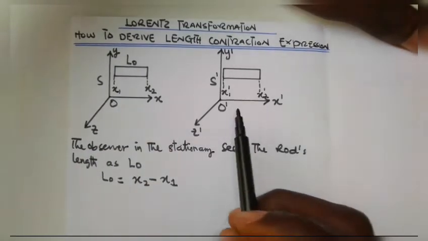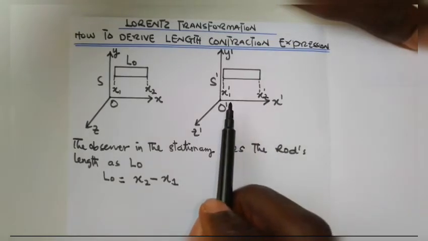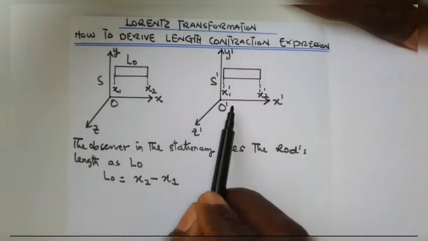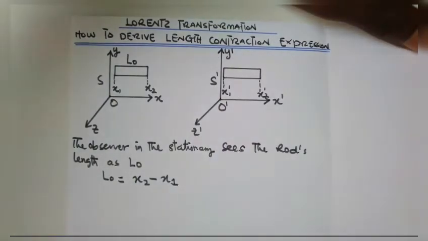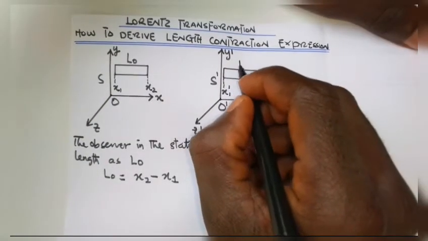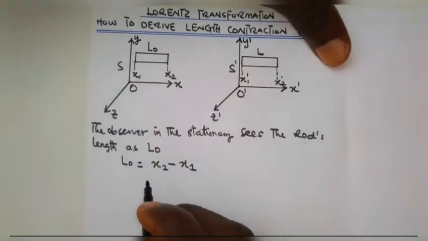Now the observer that is in the S prime frame, that is the frame that is moving with respect to this stationary frame, an observer here will see this rod as L. So I'd write that there.